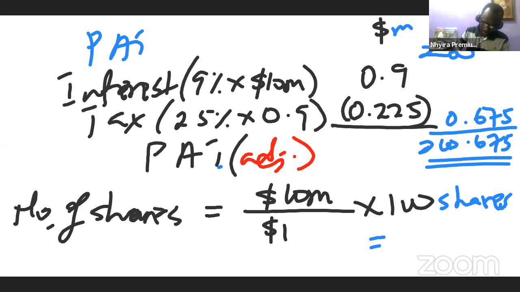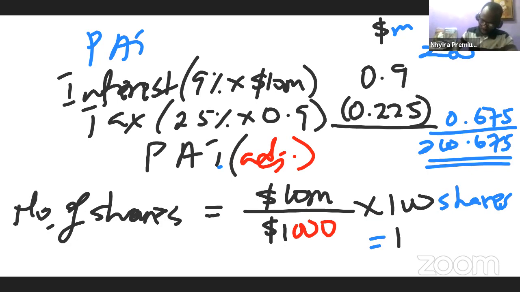So let's see the number of shares we're going to be having. 10 million divided by 1,000 times 100. I'm getting 1 million. Am I right? Someone should confirm.